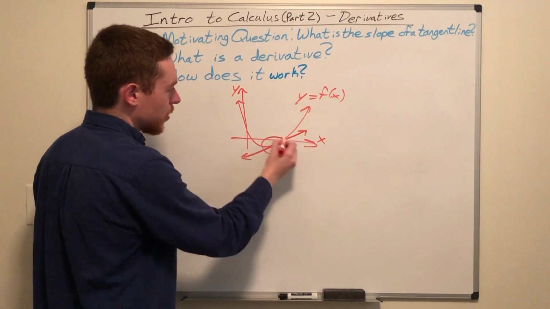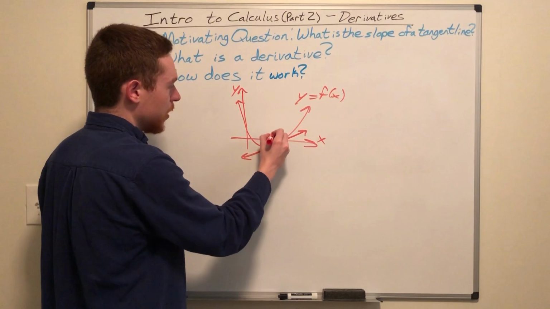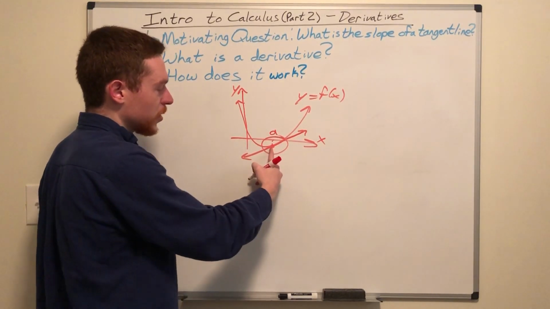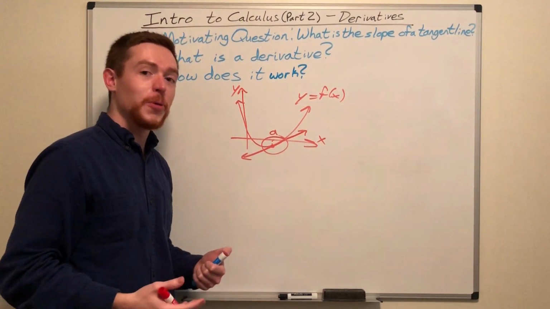Like I said earlier, as long as you're sufficiently close to your favorite number, a, the line and the function are basically indistinguishable from one another.